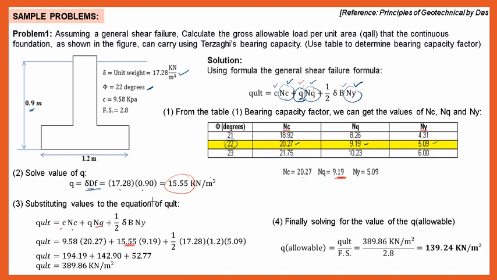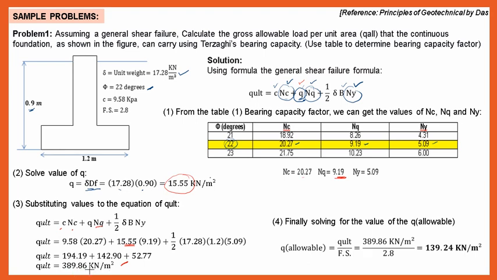So we just need to calculate. The ultimate bearing capacity that comes out is equal to 389.86 kilonewton per meter squared. So this is our ultimate bearing capacity.